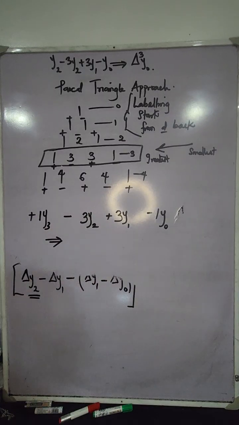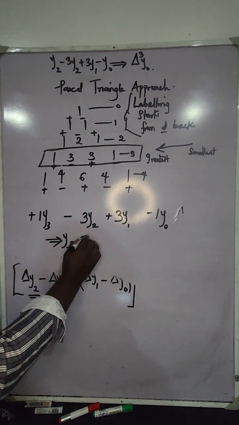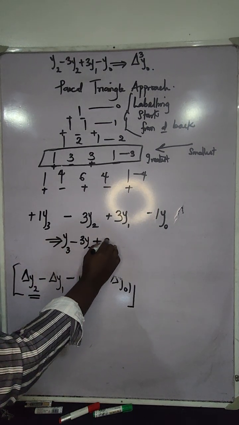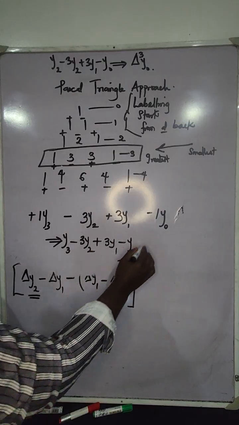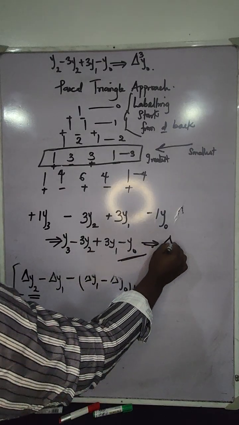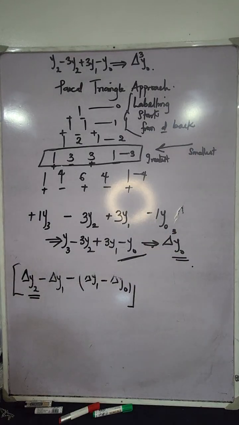So in essence, what we are simply saying is y3 minus 3y2 plus 3y1 minus y0. This is the forward difference cubed of y0. Again, this is the Pascal triangle approach.